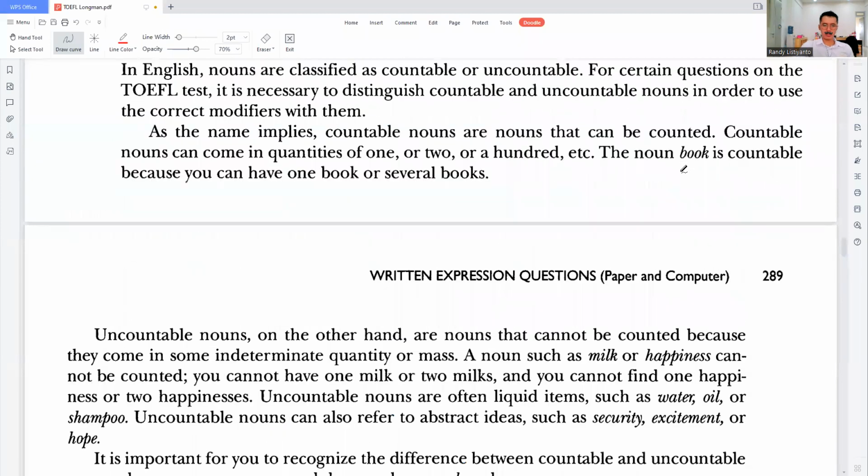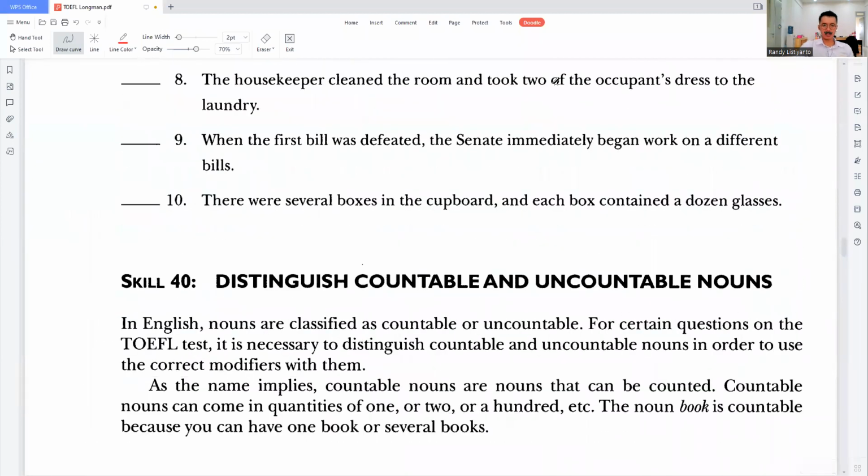And we move on to countable and uncountable nouns. In English, nouns are classified as countable and uncountable nouns. For certain questions on the TOEFL test, it is necessary to distinguish countable and uncountable nouns in order to use the correct modifiers with them.